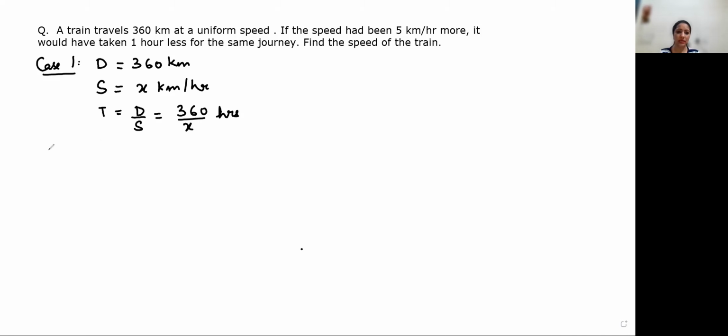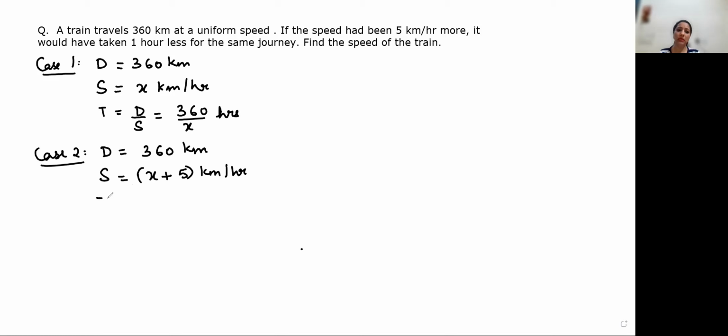Now coming to the next case, case 2, when we increase the speed. In this one also, the distance is the same. The train is traveling the same distance, that's 360 km again. The speed in this case, we are increasing by 5 km per hour. So I'm going to write this as x plus 5 km per hour.